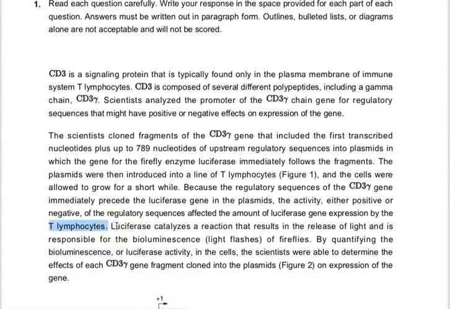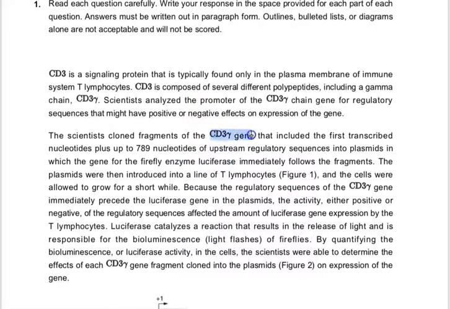Luciferase catalyzes a reaction that results in the release of light and is responsible for the bioluminescence, light flashes, of fireflies. So this enzyme that you are trying to check out how it's regulated by this chain of genes is super important because it produces light. So that already gives you a key point here.